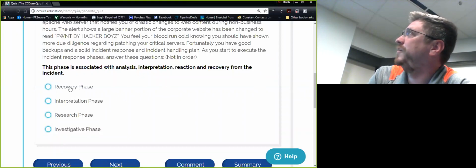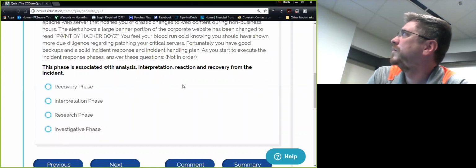Yeah, it's not, recovery would be, analysis. You're doing the analysis and interpretation. This phase, the recovery phase. Investigation would be, we're actually seeing what happened.